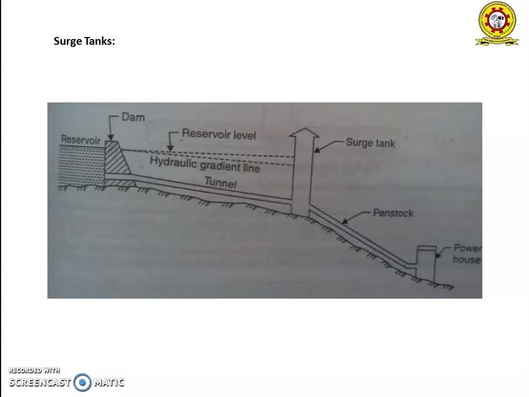In the elbow type, mostly a vertical portion is followed by a conical section which reduces to a flattened elbow section and thus discharges horizontally. So these are the different classifications of the surge tanks and spillways.